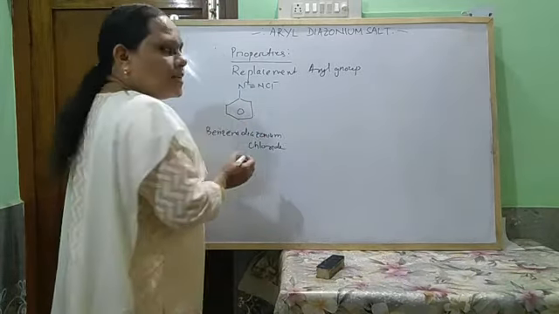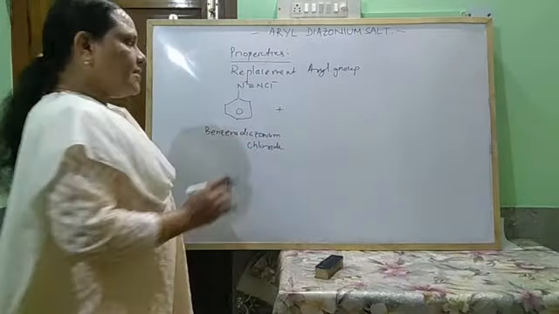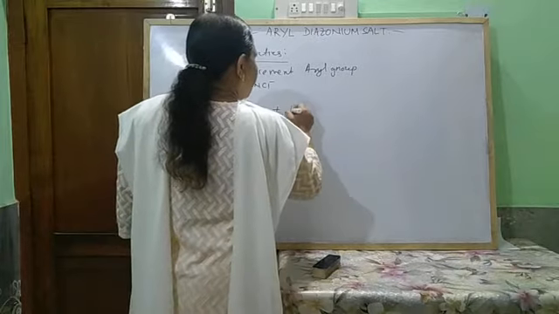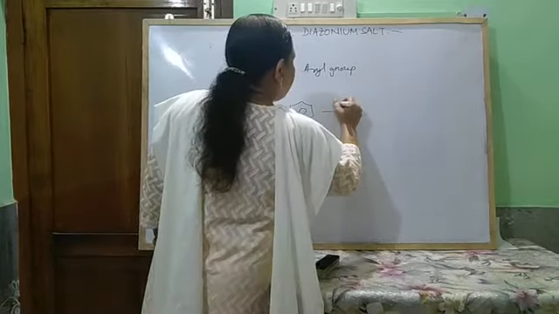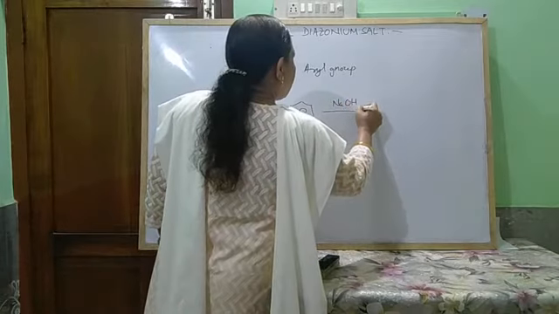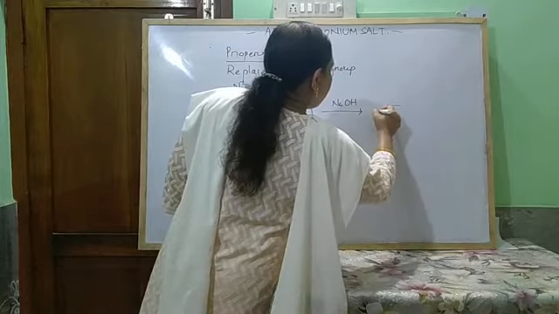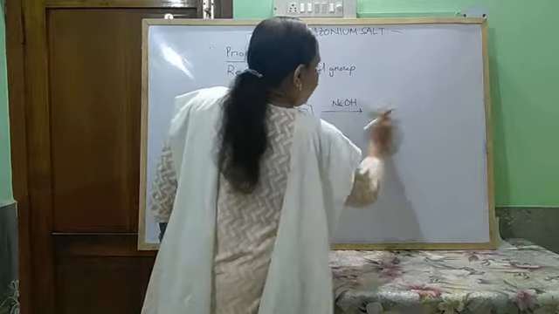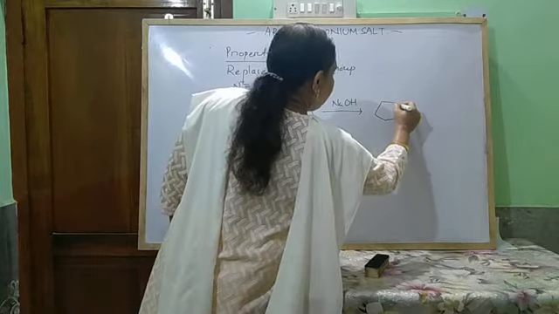So benzene diazonium chloride, N2 plus Cl minus, when treated with benzene in the presence of sodium hydroxide, forms diphenyl, or biphenyl.